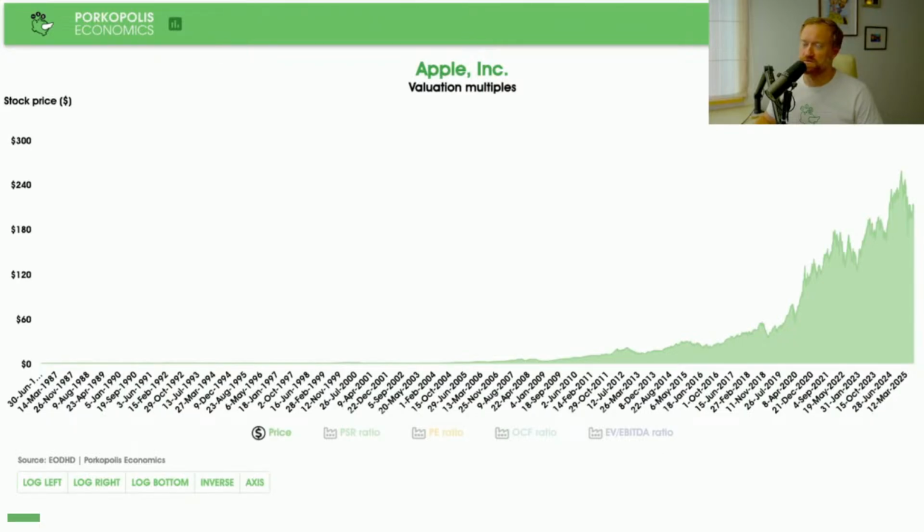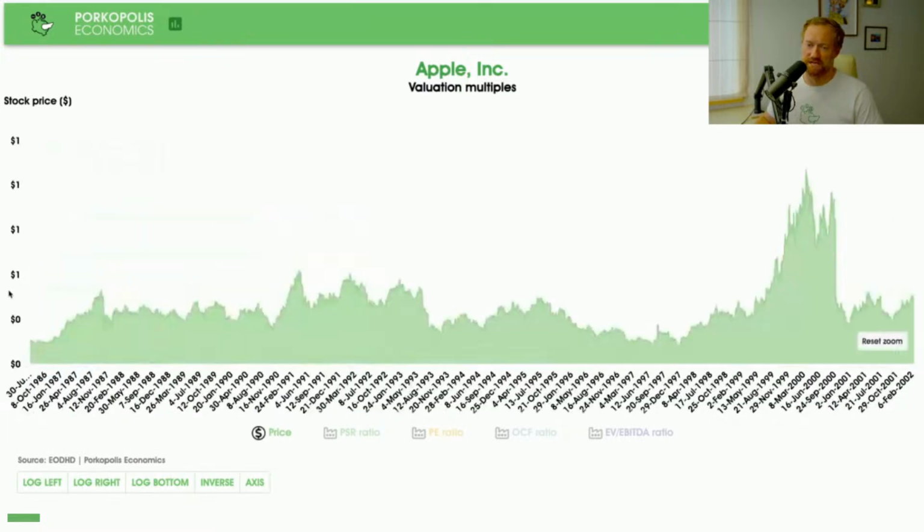So here we have Apple. If you remember from the last video, really until 2000, there's not much going on trend-wise, and there's not much going on fundamental-wise either. Of course, they're doing a lot of things, but Jobs left the company somewhere here, came back somewhere here.